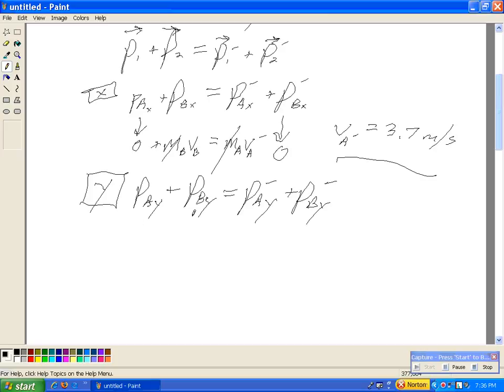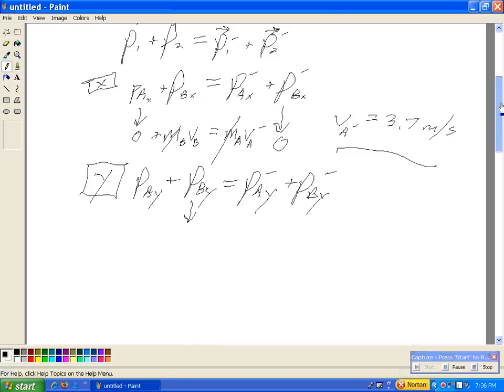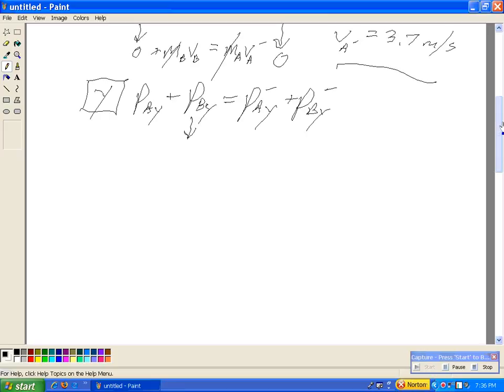Now here the B ball is not moving in the y direction. It's moving in the x direction. That goes to 0. The A ball after the collision is moving in the x direction, so that's 0.